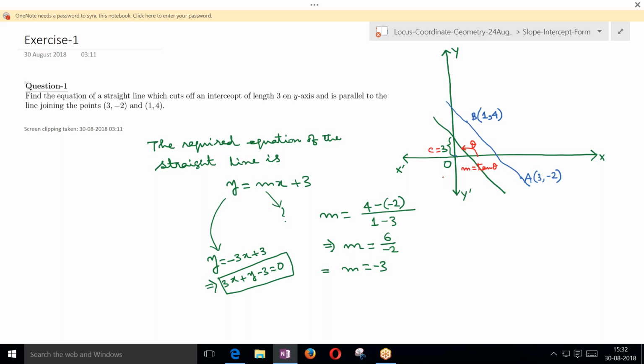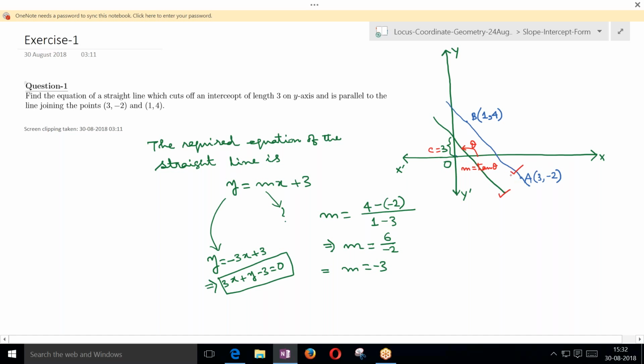What we are interested in is the value of tan theta, which is m. And we know from the condition of two parallel straight lines that they have the same slope. So whatever the slope of the green straight line whose equation we are going to find, it is equal to the slope of the blue straight line, whose slope is actually given.